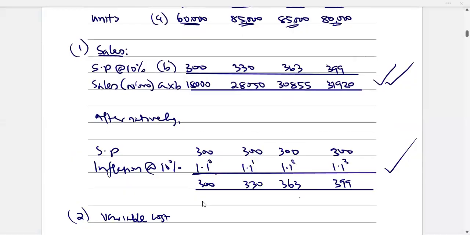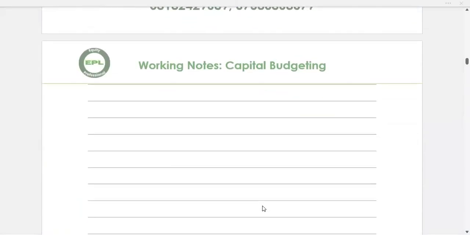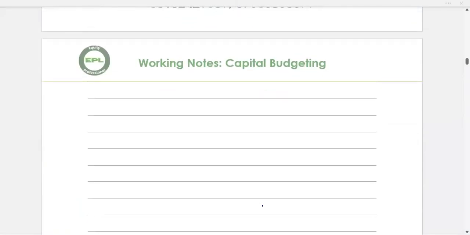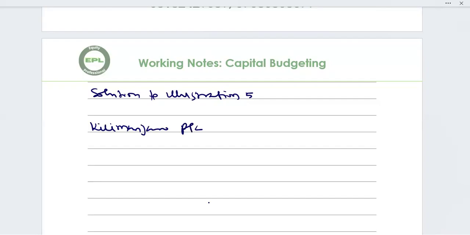Okay. Solution. So illustration, I think that's illustration number 5. Yes, illustration number 5. Kilimanjaro PLC.